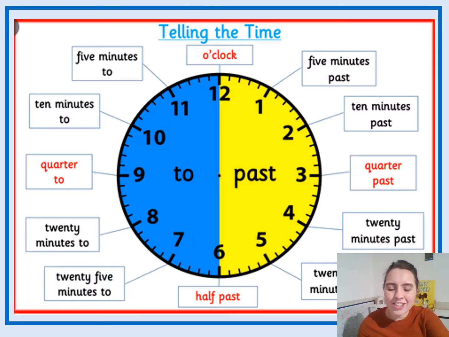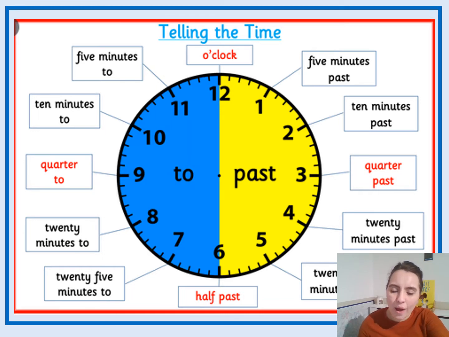Okay, children, I just wanted to draw your attention to this picture, okay? Now, yesterday I was explaining about this, but I think this clock just really highlights what I was trying to say as I was drawing yesterday all over my clocks. So I said yesterday that we split our clock in half, don't we? And we call one half of it past and the other half of it to.